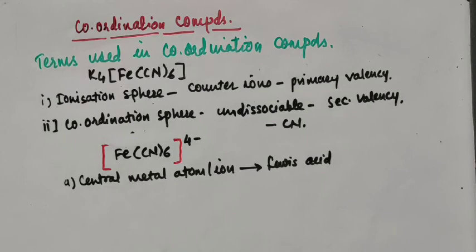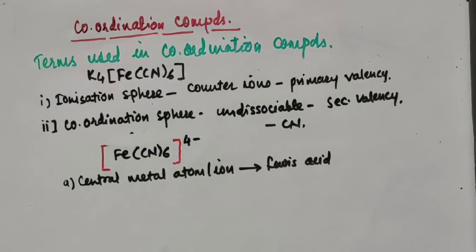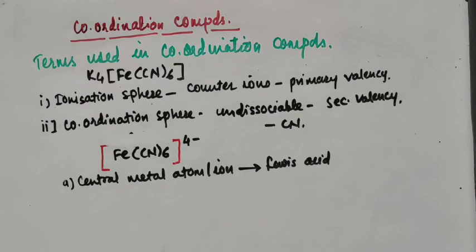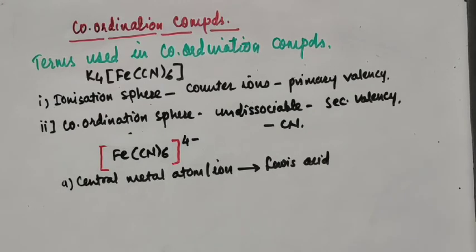They donate electrons to attain stability, but in this case the metal accepts an electron pair from the ligand. There is a formation of a coordinate bond. Both the electrons required for bond formation are donated by one of the two atoms. So actually the ligand donates an electron pair to the central metal atom, and the central metal atom accepts the electrons.